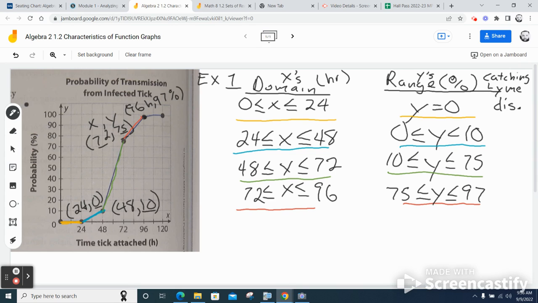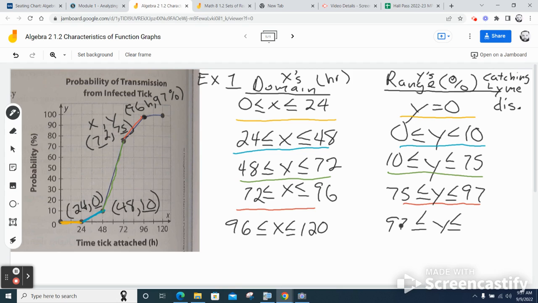All right, last little bit there. We're going to go from 96 to 120 hours. So from 96 to 120 hours, my corresponding y values are, well, they start at 97%. And in the textbook, it said almost 100%.